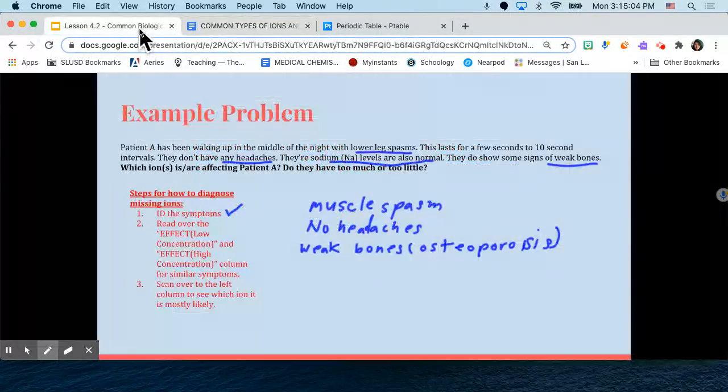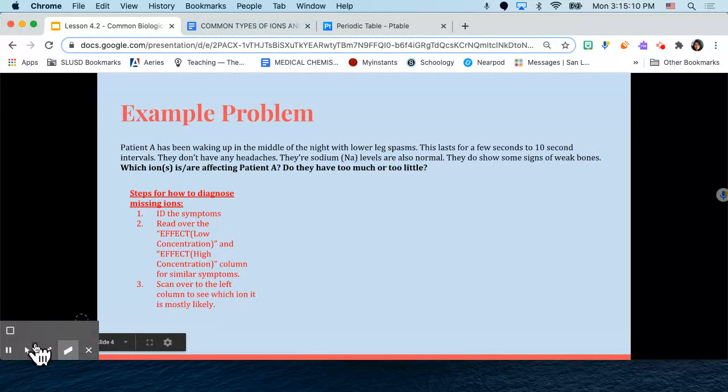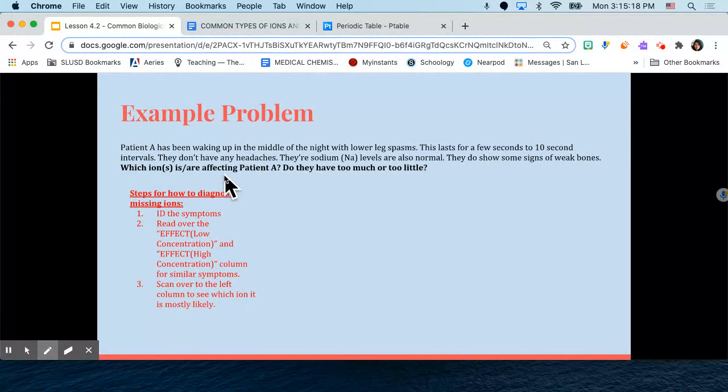So going back to finalize my answer, I'm going to estimate which ions are affecting my patient.